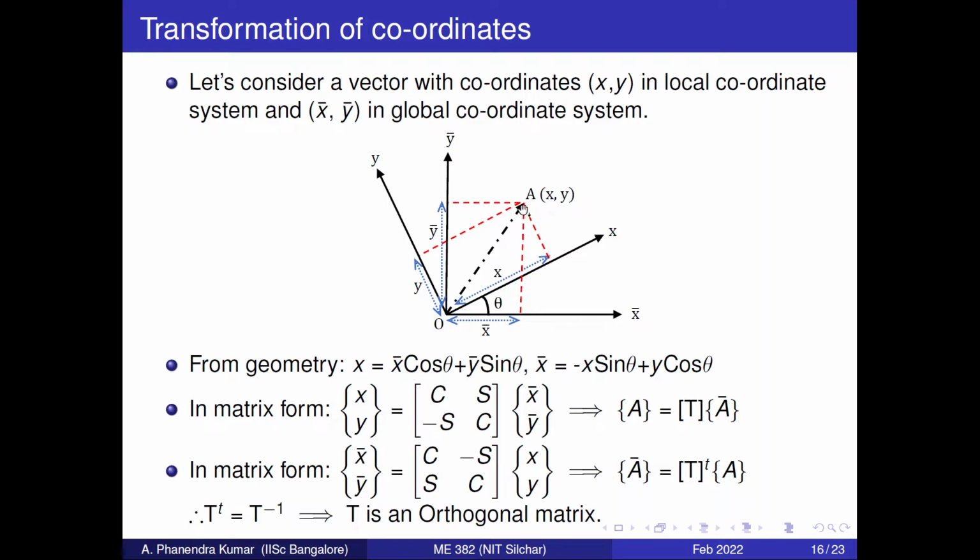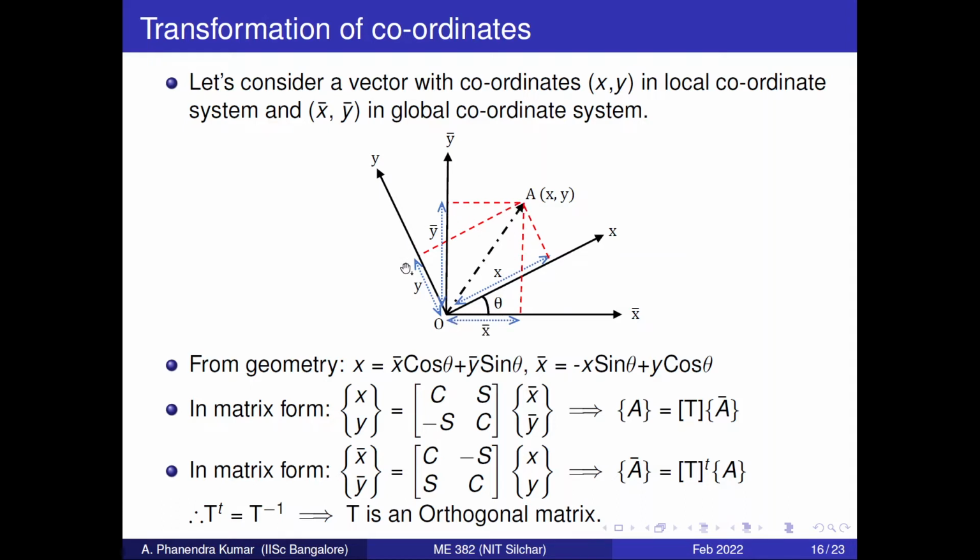Once you drop a perpendicular from this point onto the desired reference axis, let us consider the x axis, this length is x. From here, if I drop a perpendicular on x bar, this length is x bar.